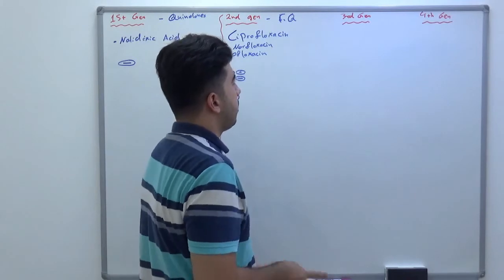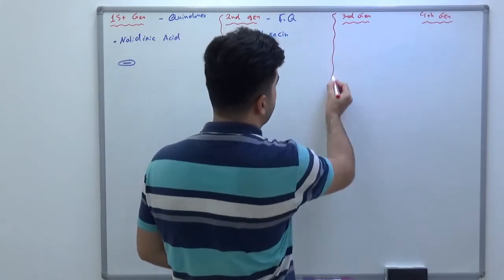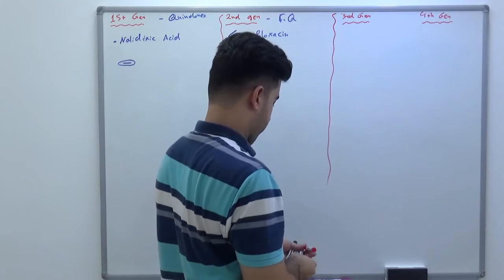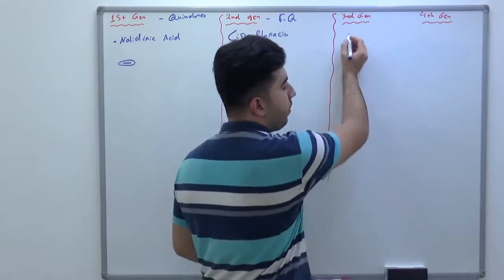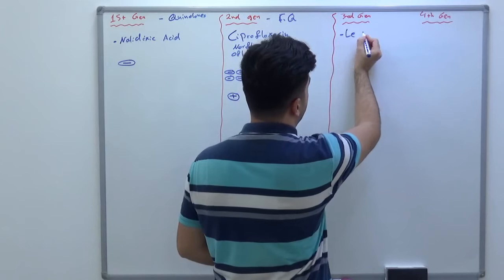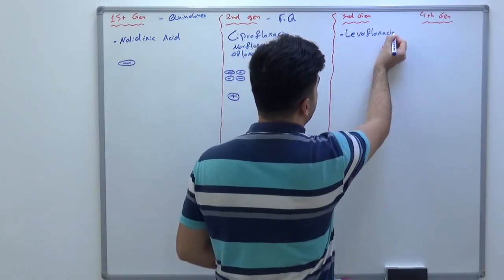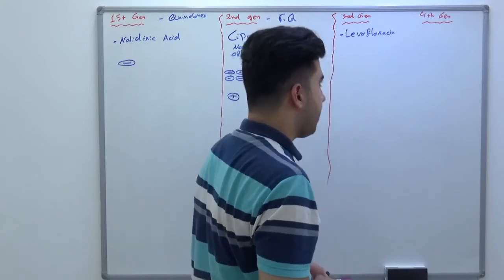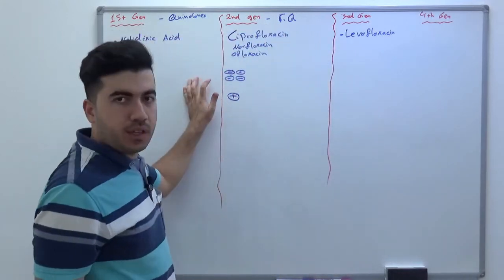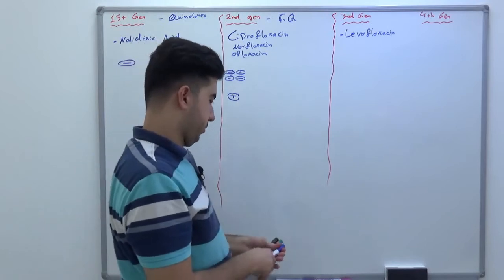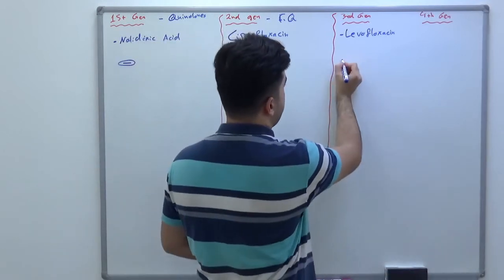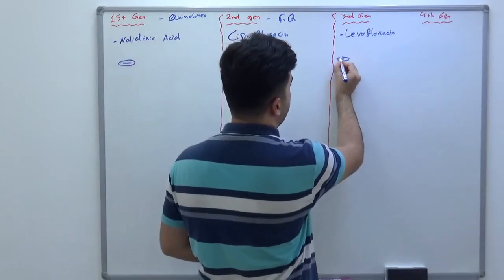Example of the third generation like what? Levofloxacin. Levofloxacin retained the ciprofloxacin's activity against the gram-negative rods. It's again active against many gram-negative rods.